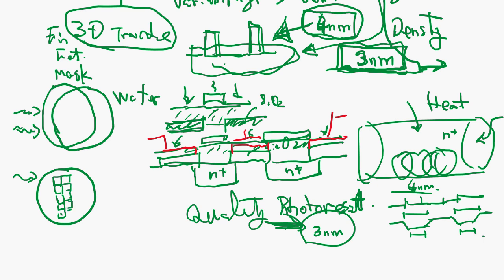Okay, so you expose each die one by one. This is called a stepper, and there are EUV steppers and DUV steppers, and the difference is only frequency. The frequency is important.